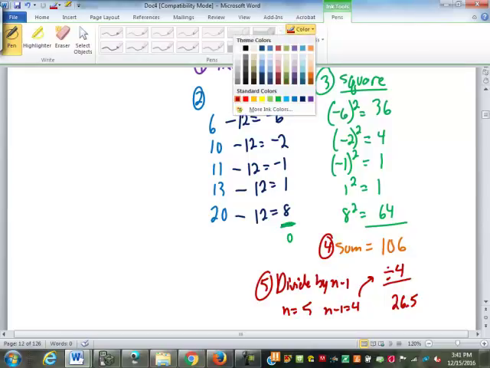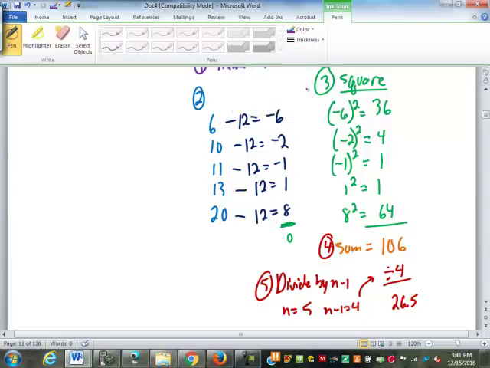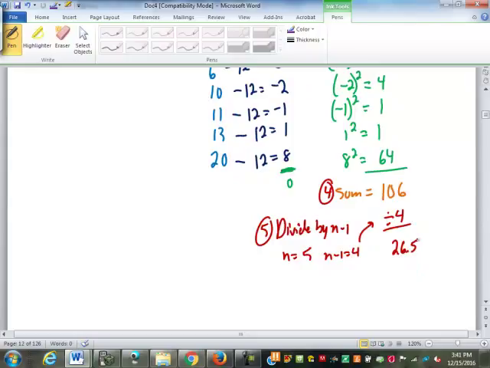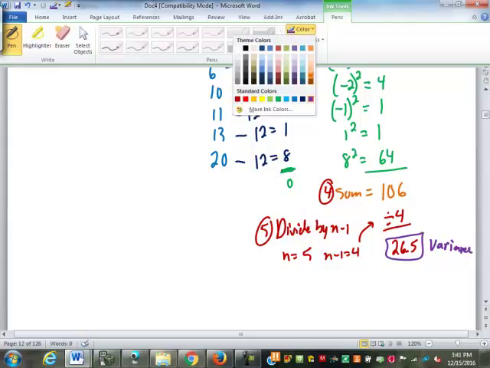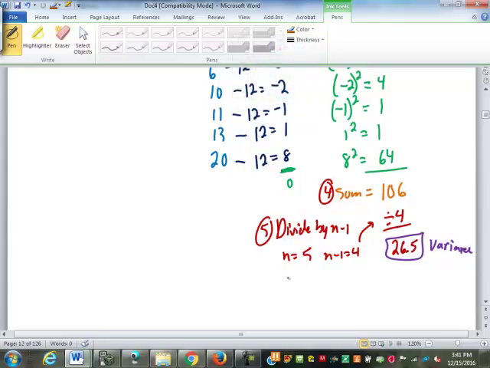Now that number there actually has a name of its own. That would be called the variance. We're not looking for the variance, though. We are looking for the standard deviation, which requires one more step. Step 6 is to do what? Square root.